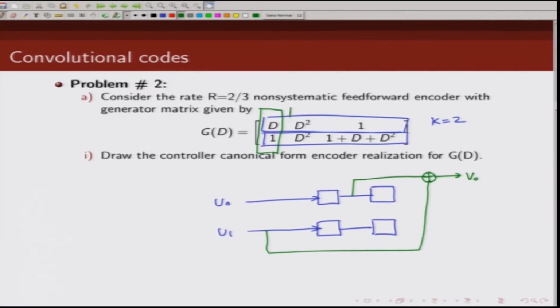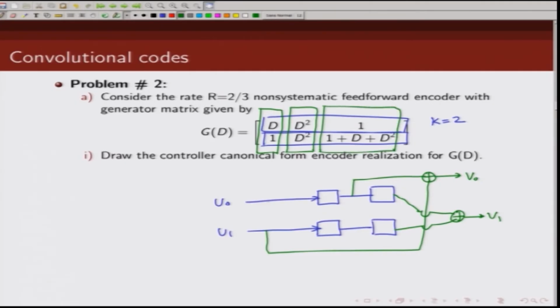Now, what is the second coded bit? This is this term. D square U0 is this term and D square U1 is this term. So, this is your V1, and the third output is this.